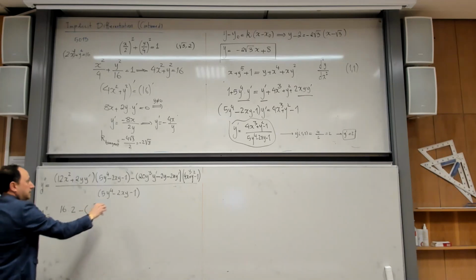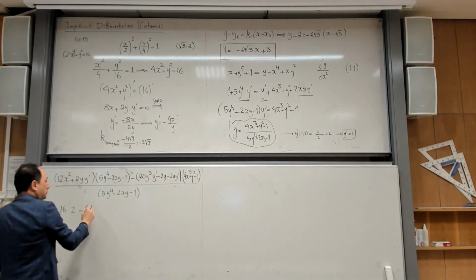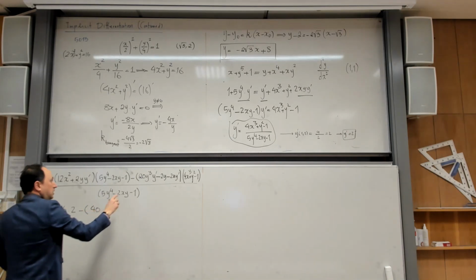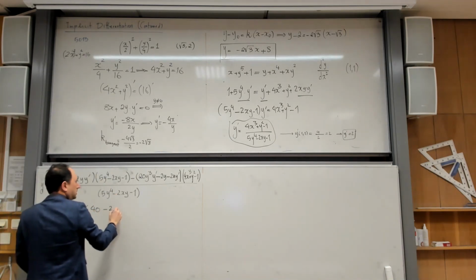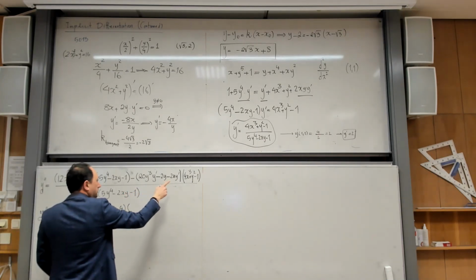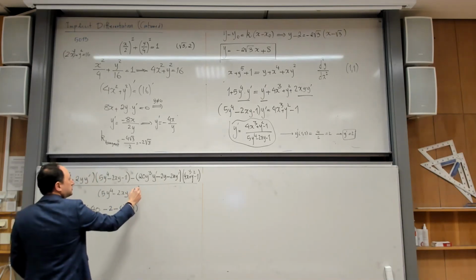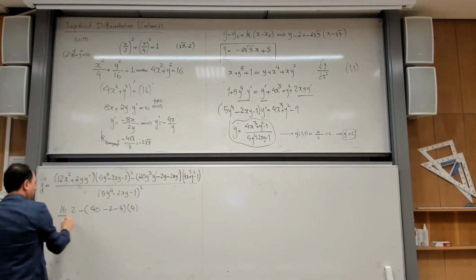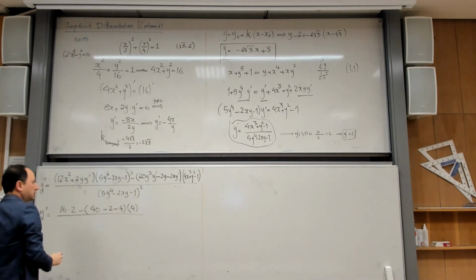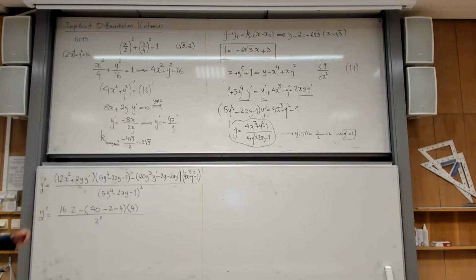Minus, this becomes 20 times y prime is 40, minus 2 times 2 is 4, and then multiplied by 4 plus 4. Oh, sorry, I forgot to put a power of 2 here. And then divided by this expression to power 2, which is 2 to power 2. And I don't think really we can simply calculate it, isn't it?